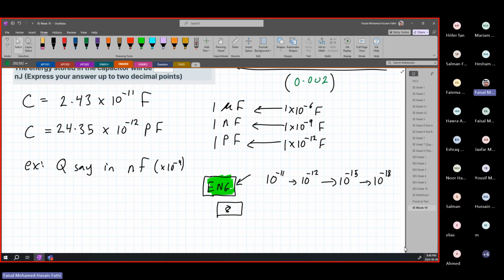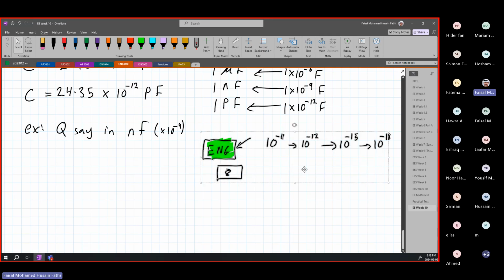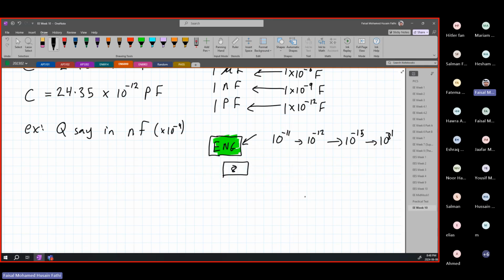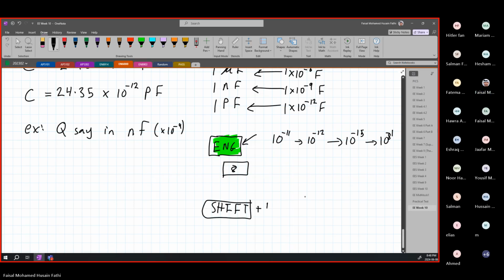What are you going to do? You're going to do the exact same thing we did here, but you are going to just hit shift before. So it's going to be shift plus ENG. You're going to hit shift ENG, shift ENG, shift ENG, and you're going to see the value is going to change.